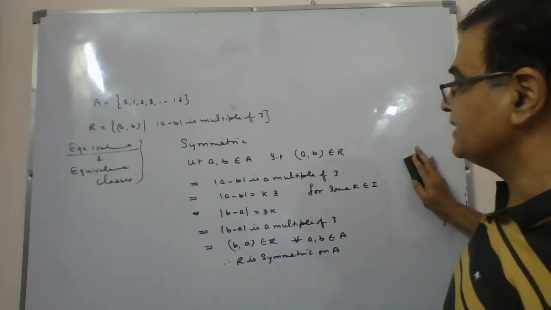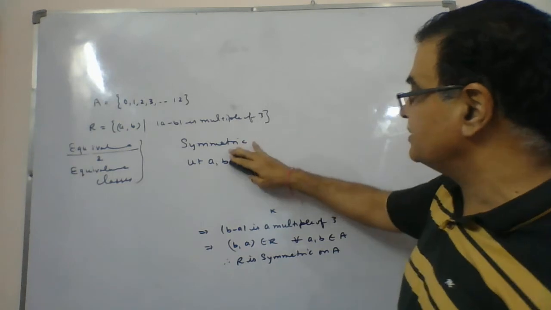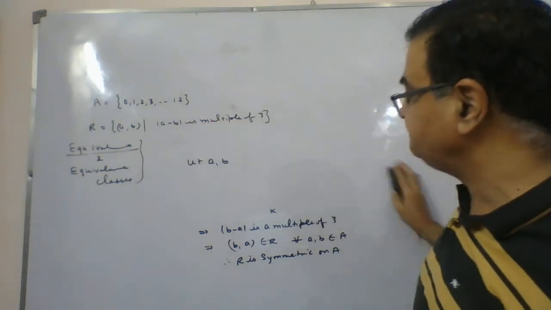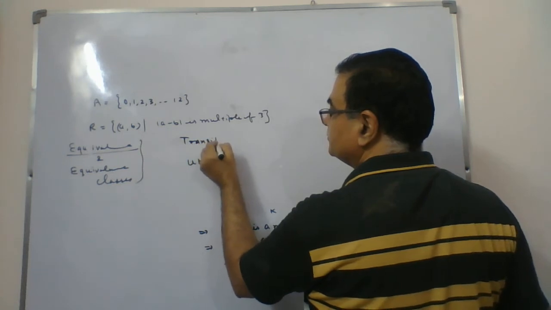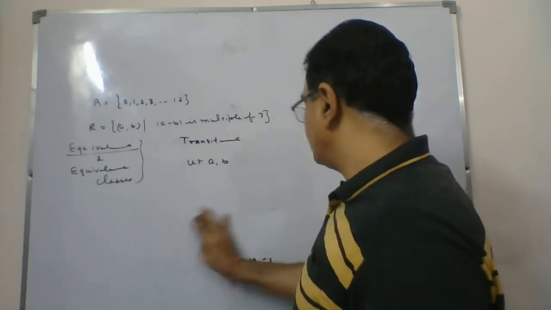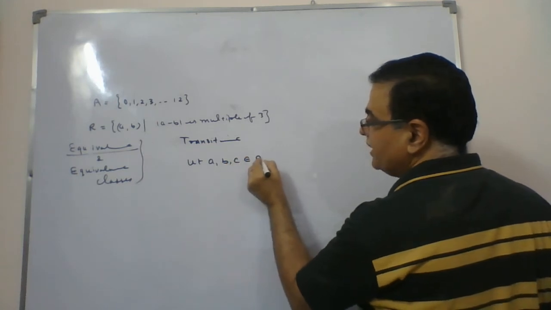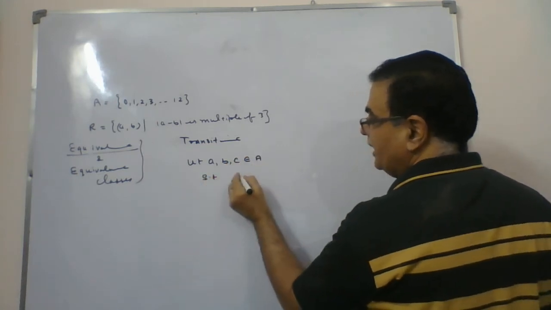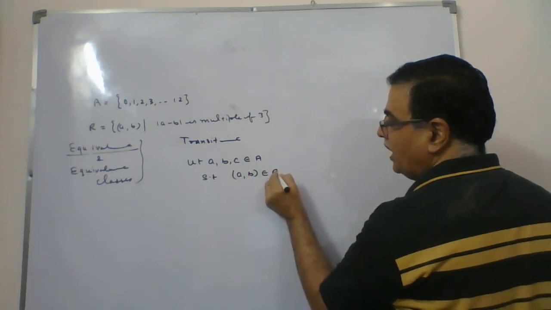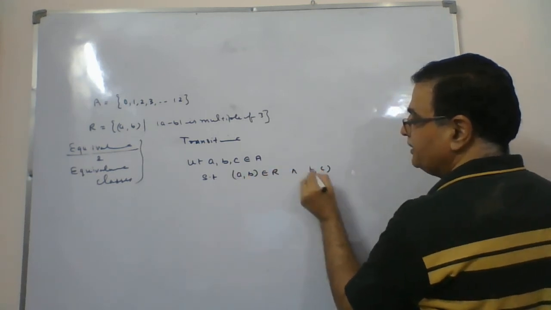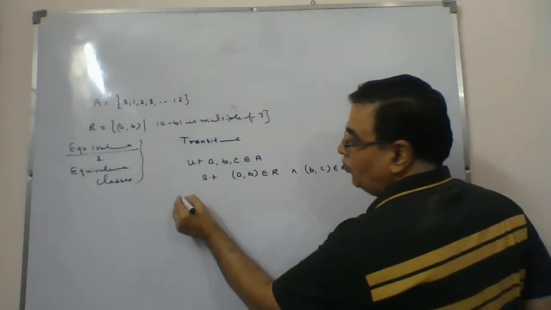Then we go for the transitive relation. In transitive, three elements are to be taken. In transitive, what I take here: let A, B and C belong to set A such that (A, B) belongs to R and at the same time (B, C) belongs to R. What does it mean?